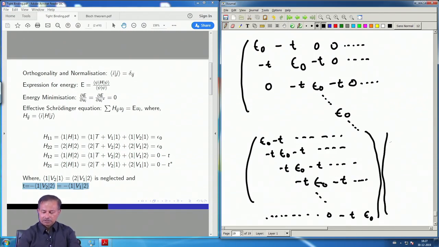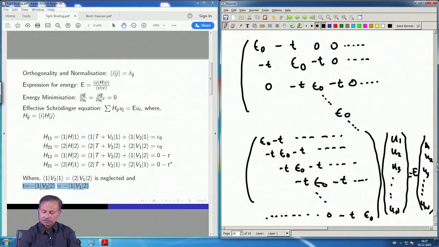times u1, u2, u3 dot dot dot u sub n for n sides, and this will be equal to E times again u1, u2, u3 dot dot dot un. So, that is the structure of this matrix equation, and this is the Hamiltonian matrix that I need to diagonalize.